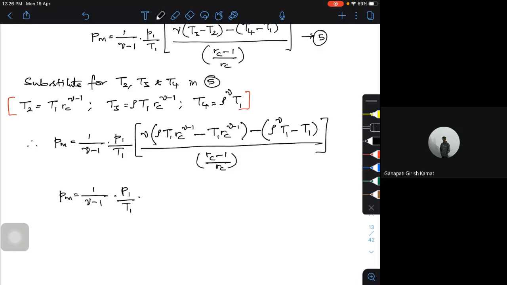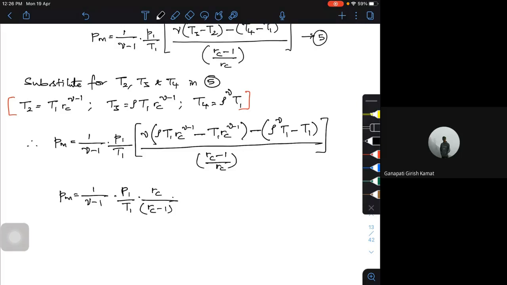So the denominator RC, I can take it to the numerator. So I can write it as RC by RC minus 1 as it is.